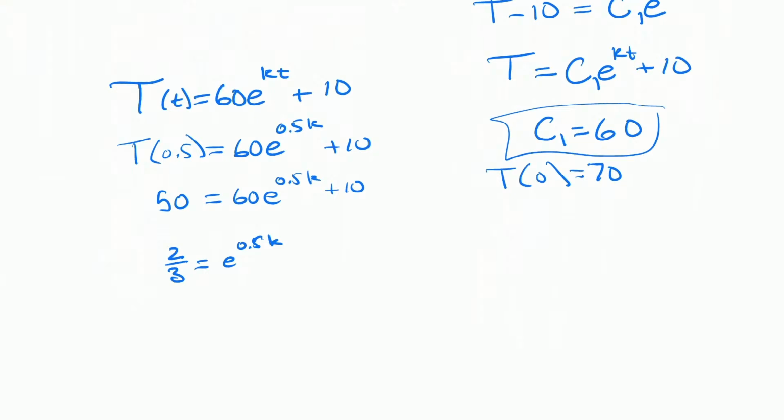Okay, what did I just do? I subtracted 10 from both sides. I got 40. I divided both sides by 60. 40/60ths is 2/3. Okay, so that means that the natural log of 2/3 is equal to 0.5k, and k is equal to 2 ln of 2/3.